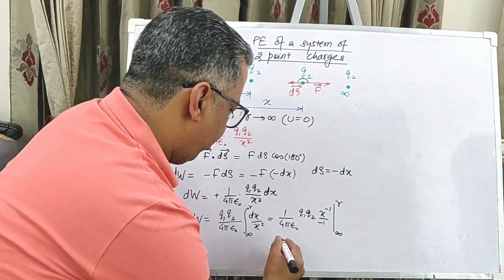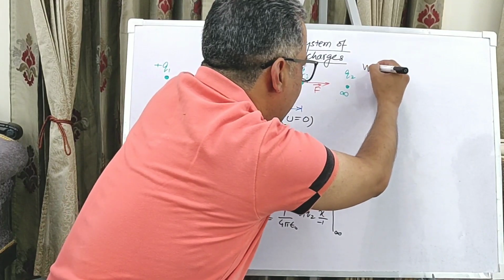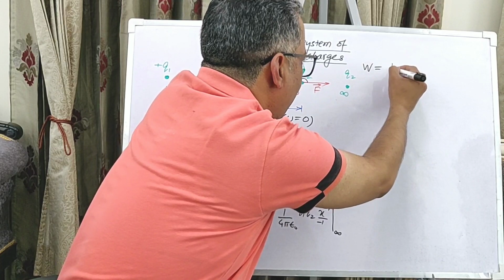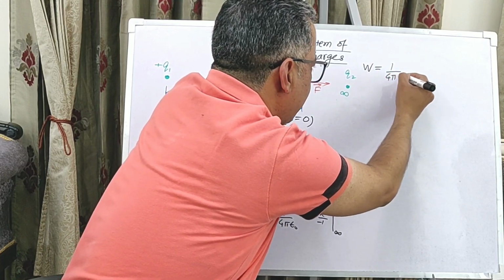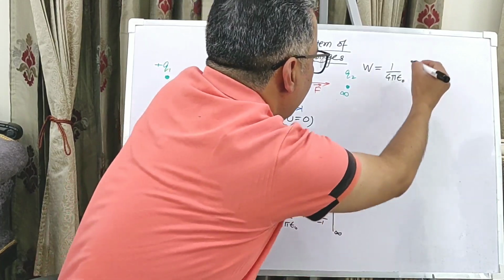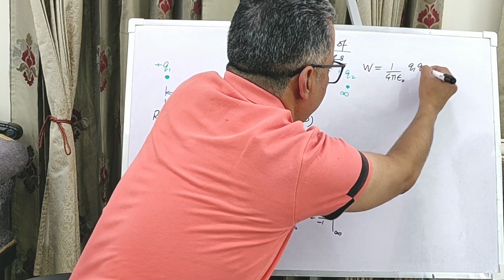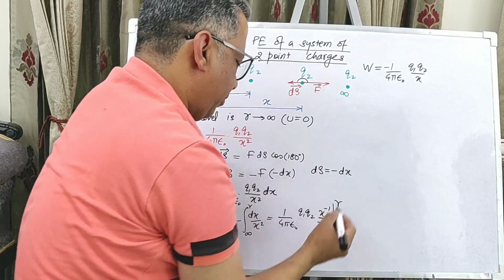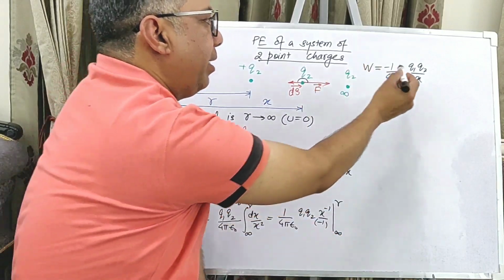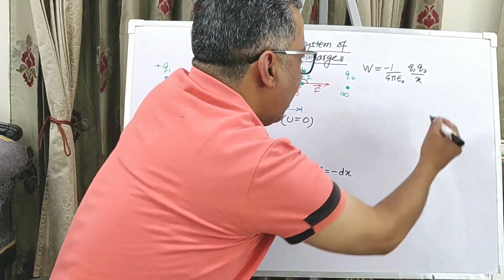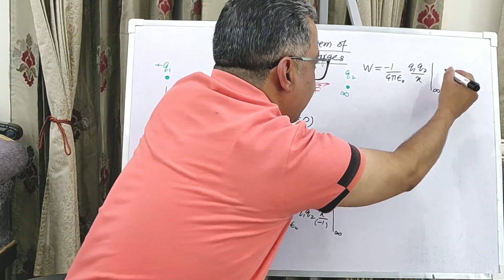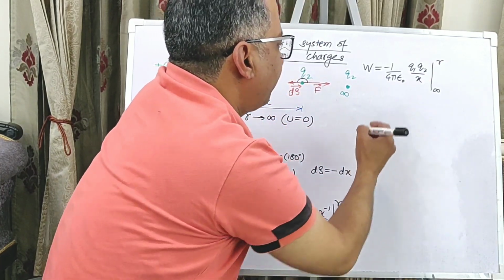So we have this work done equals 1 by 4 pi epsilon naught q1 q2 by x. There's a minus sign because we had minus 1 over here, and the limits are from infinity to r.